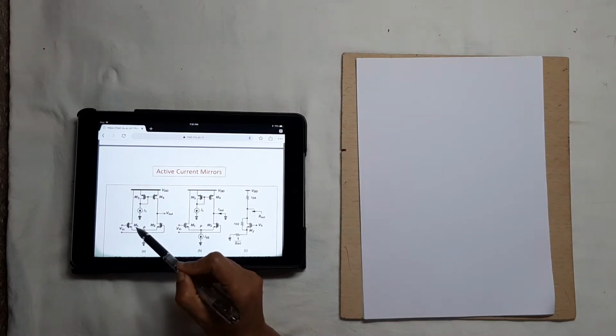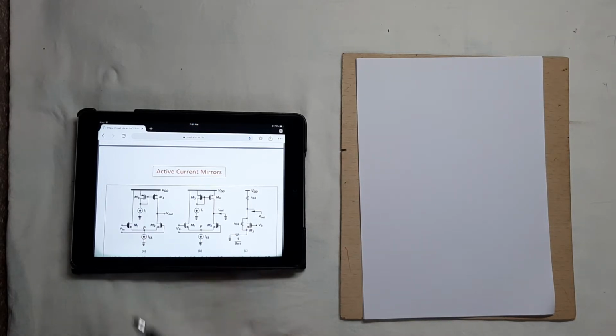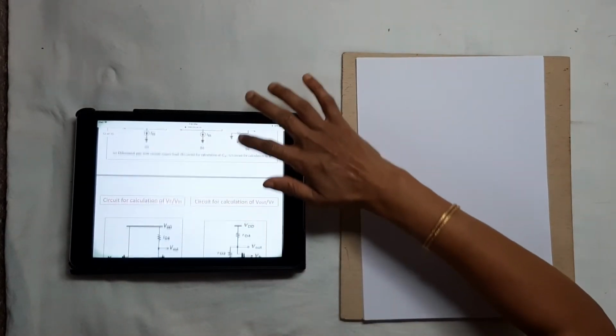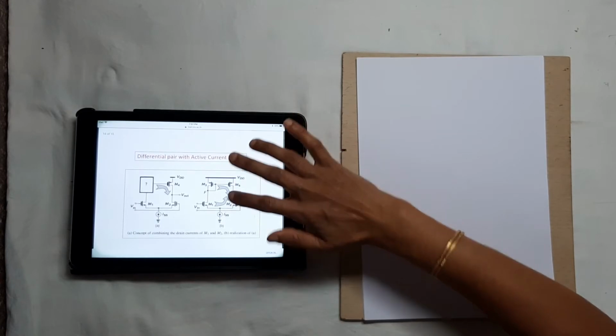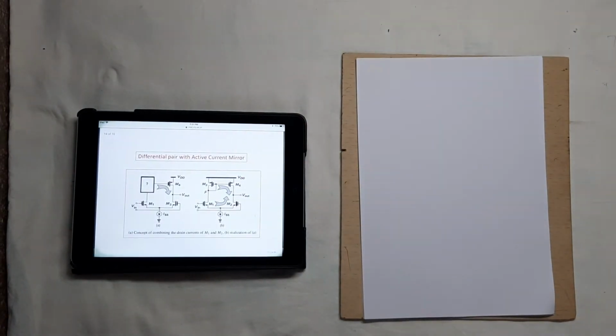So here the small signal current flowing through M1 is wasted. So it is desirable to utilize this current with the proper polarity at the output. Now how can we do this? For that we need to study this circuit: differential pair with the active current mirror.